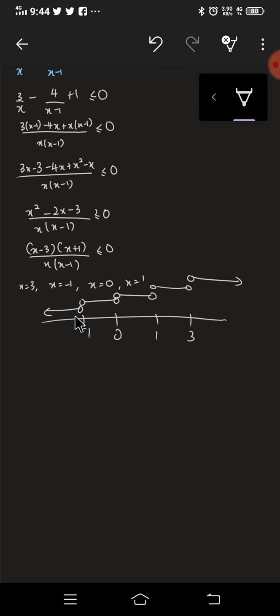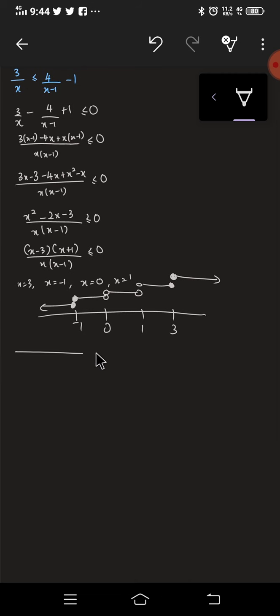Which ones should have the equal sign? Remember, the denominator cannot be equal to 0. So for x equal to 0, it should be an empty dot, and another one for the value of 1. Negative 1 can be a dense dot, and 3 can also be a dense dot. So the interval here is less than or equal to negative 1, and between negative 1 and 0, where negative 1 is included.